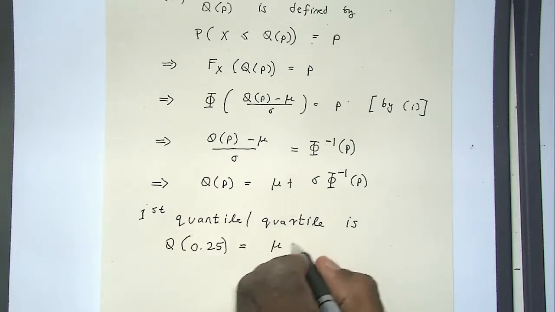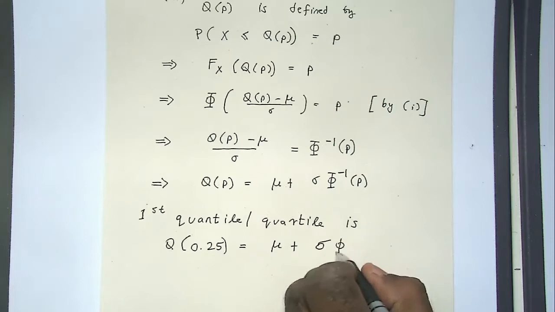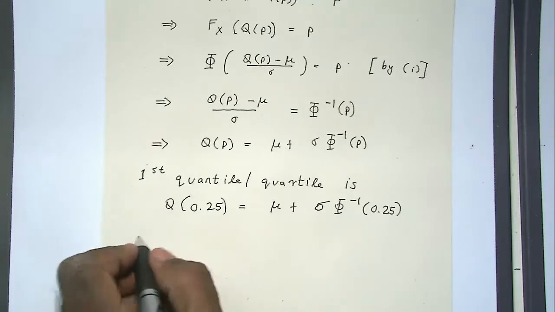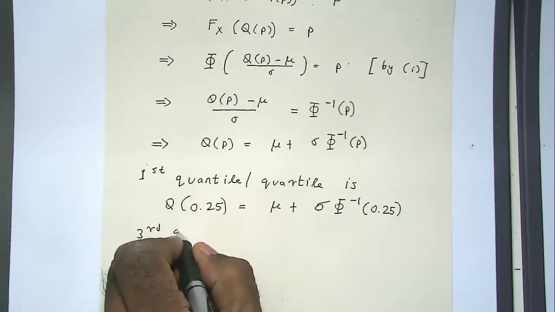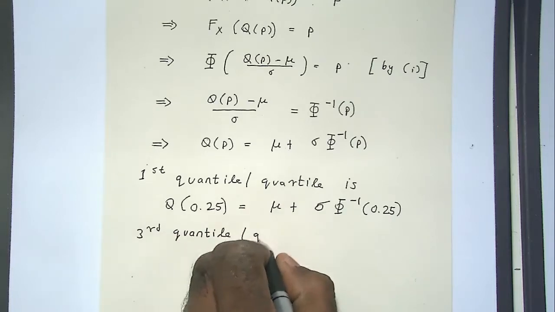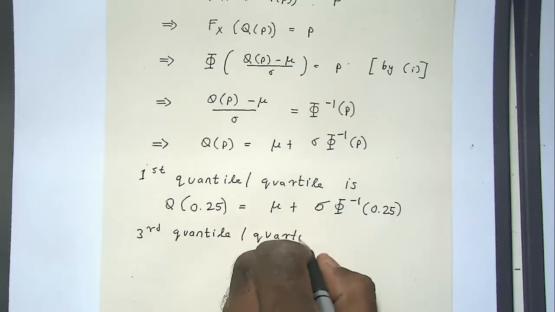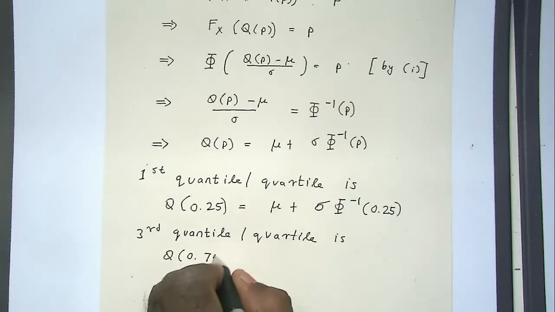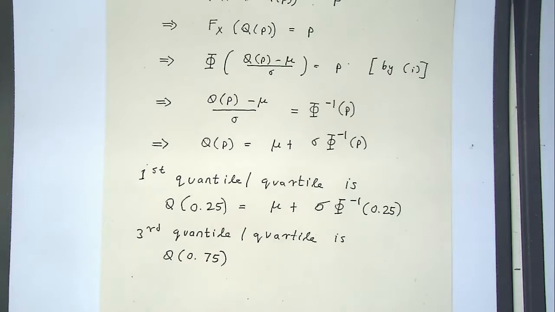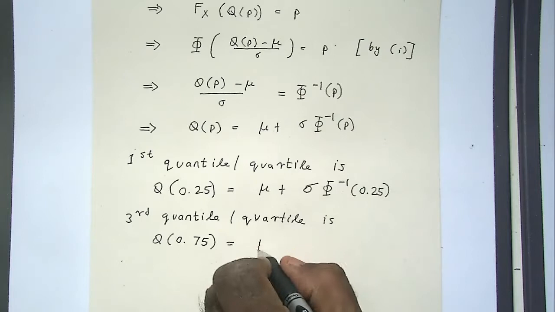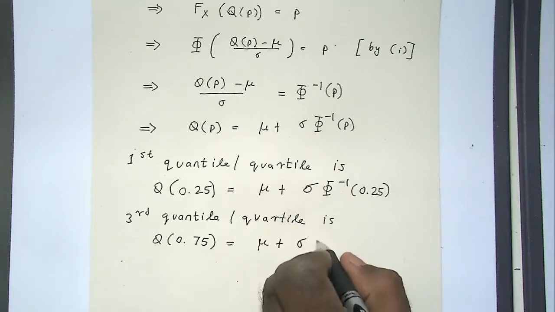So it's going to be mu plus sigma times phi inverse of 0.25. And the formula for the third quartile is Q at 0.75, which you get by substituting P equal to 0.75.